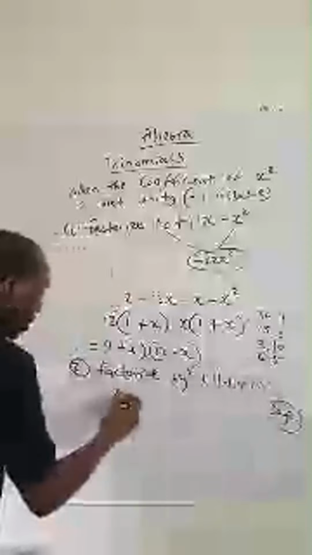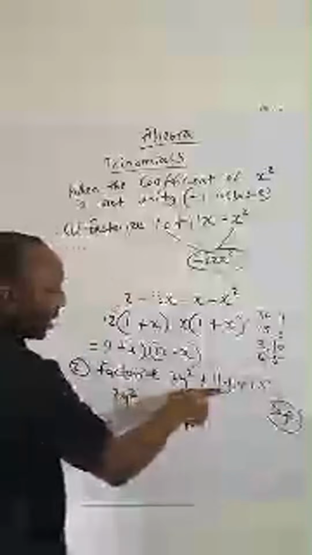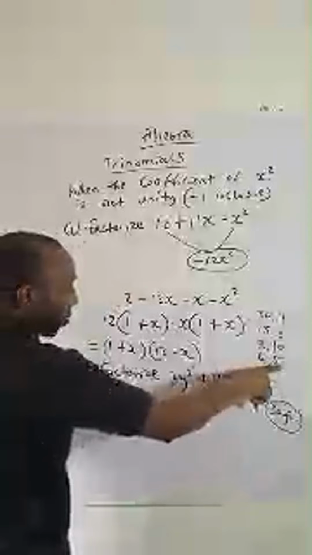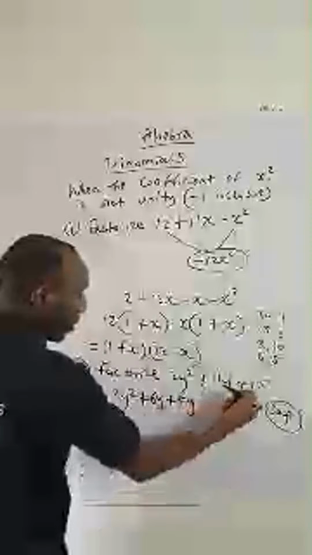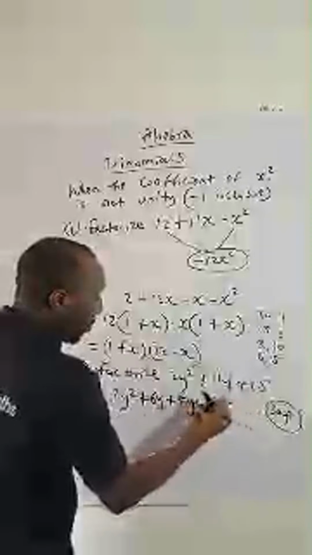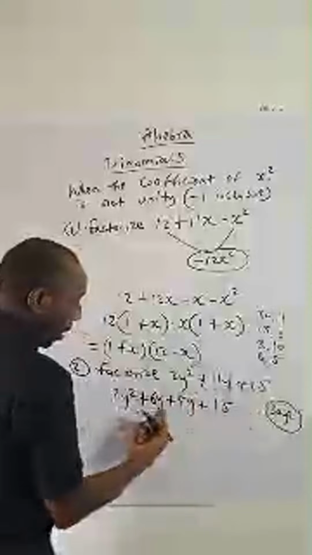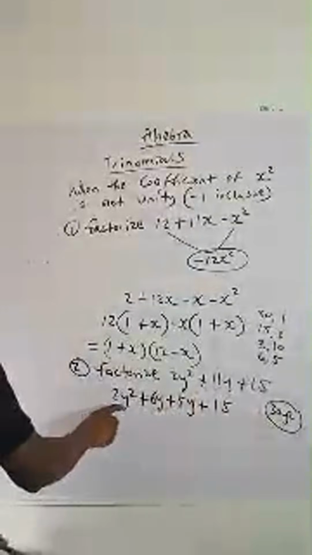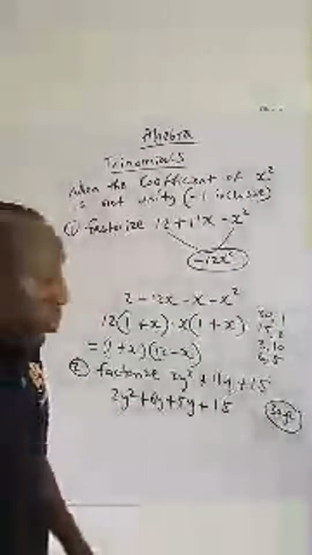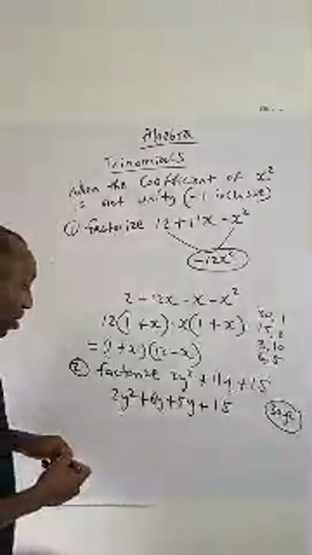So I'm going to write 2y squared. I'll change 11y to 6y plus 5y. So plus 6y plus 5y, and then plus 15. Notice I've replaced 11y with 6y plus 5y. So look at the first 2 terms, 2y squared and 6y. What is common between the 2 of them? It is 2y.